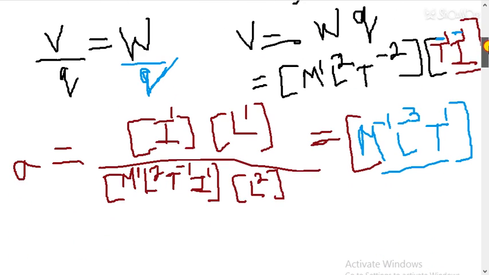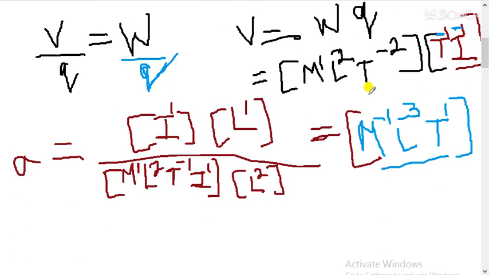So T minus 1 here, so T will be minus 3 now. This will become T minus 3 and I minus 1. So this will become T minus 3, so it will be T plus 3 here and I2. So some mistake was there, I2.